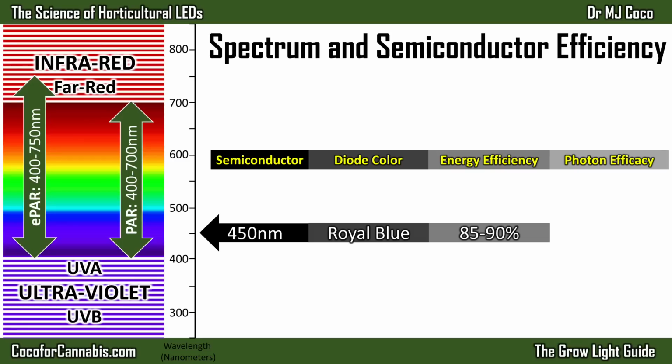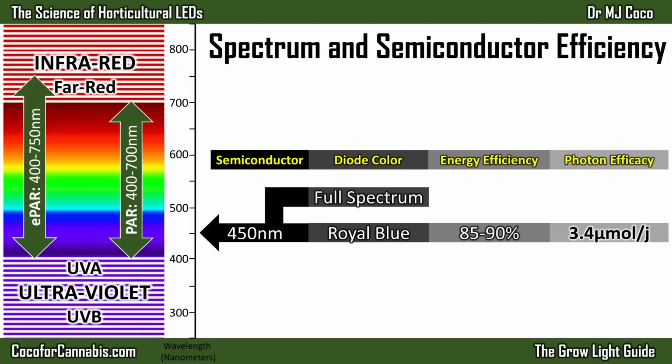Blue photons have a lot of energy, so 85 to 90% efficiency translates to a photon efficacy of about 3.4 micromoles per joule. Since the blue semiconductors are the most energy efficient, they're the base for the full spectrum diodes. However, the phosphor in the full spectrum diodes drops the efficiency slightly.